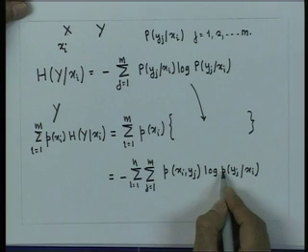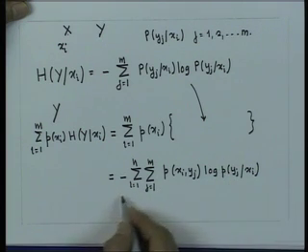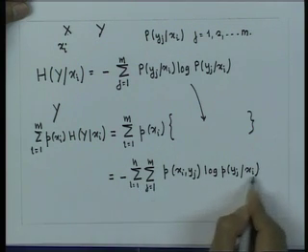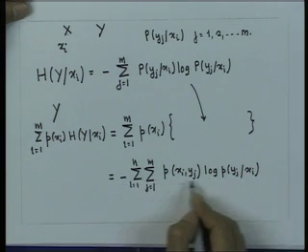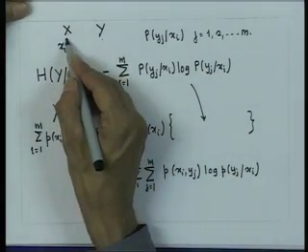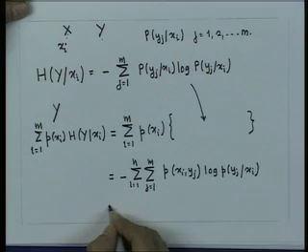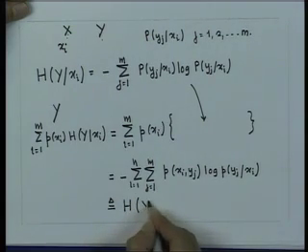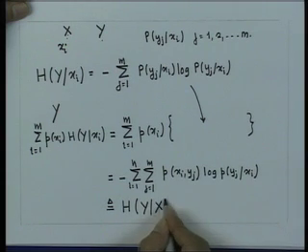I have changed my notation from capital P to small p, they are the same. So, this is what I will get. This is the amount of average information of y given foreknowledge of x, and this by definition I will call H of y given x.